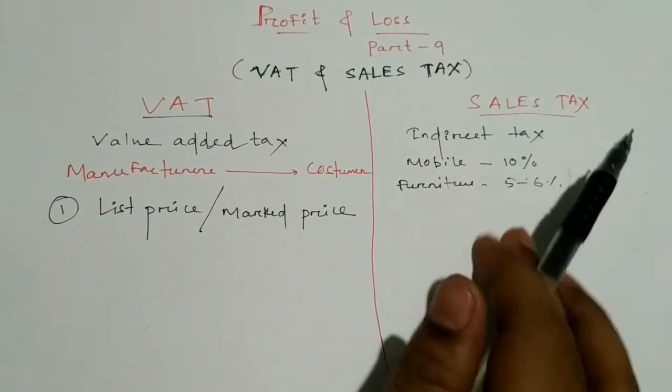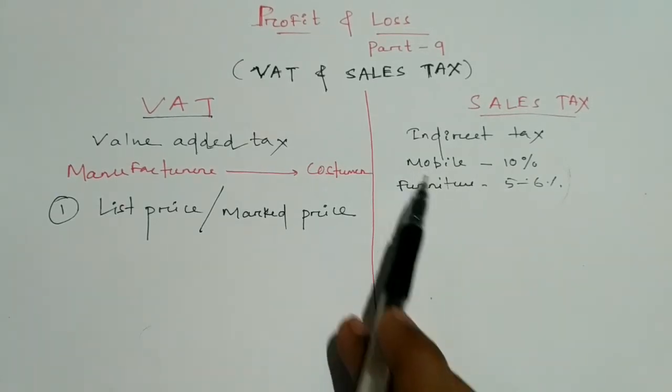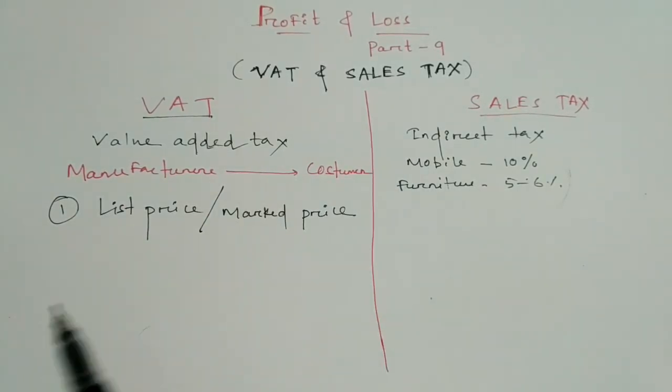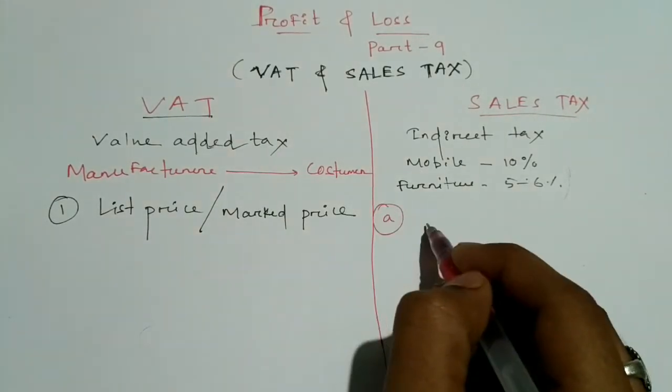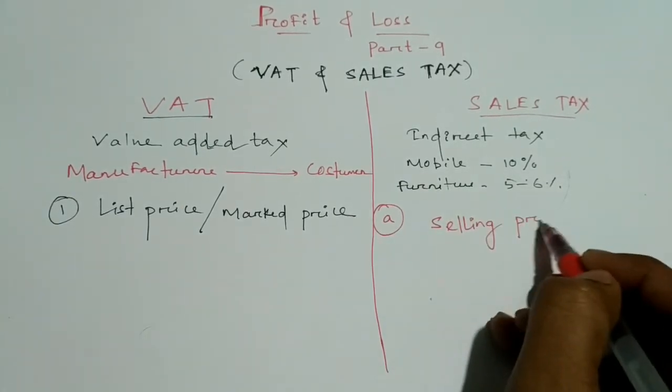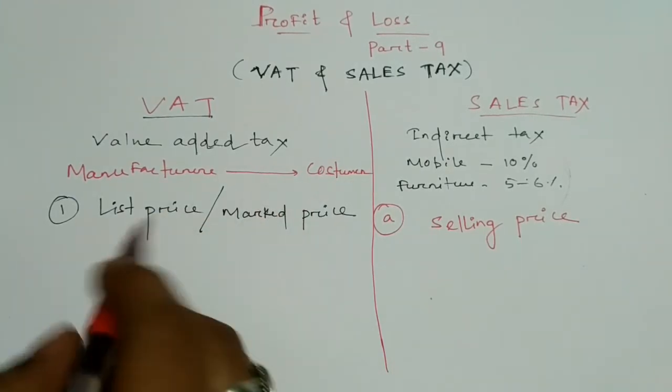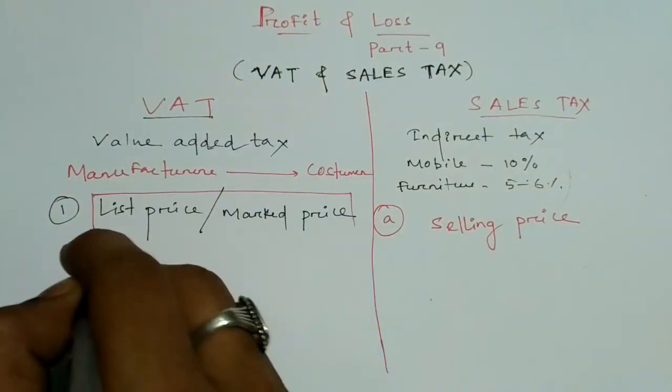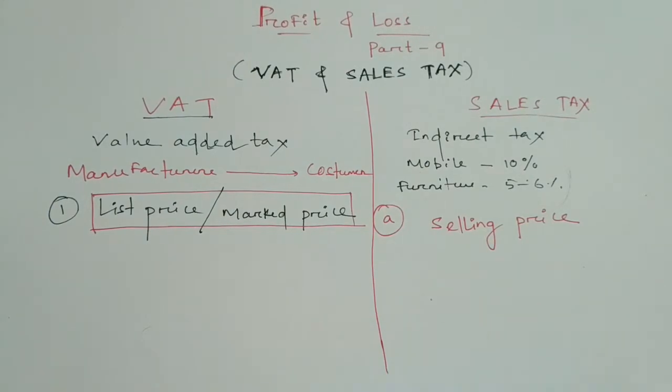Rates usually change at the time of annual budgets. The most important part is that sales tax is calculated upon the selling price, whereas VAT is calculated upon the marked price or the list price.